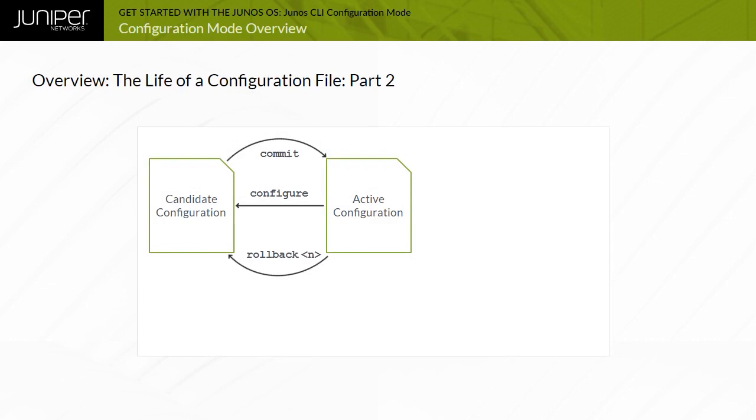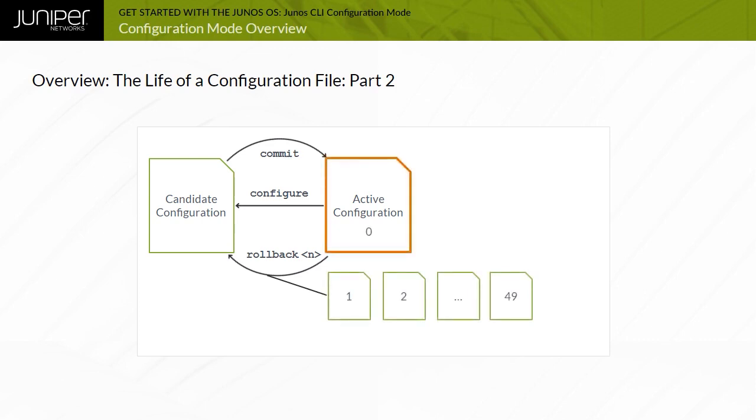Junos OS maintains a configuration history by storing previously active configurations. The software saves a maximum of 50 configurations. This number includes the current active configuration, which is also known as rollback 0, and up to 49 previously active configurations.